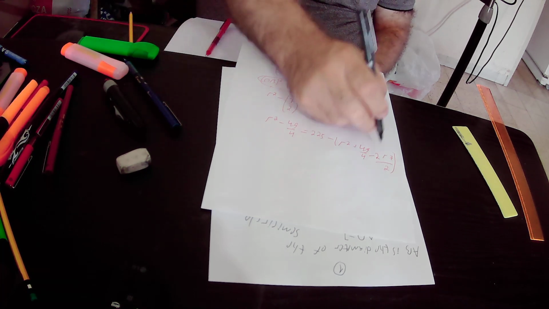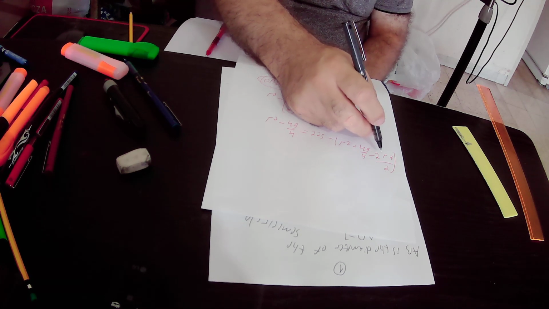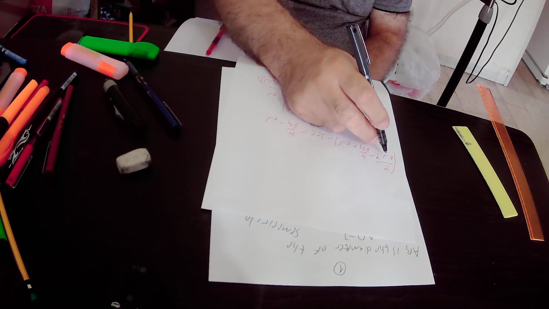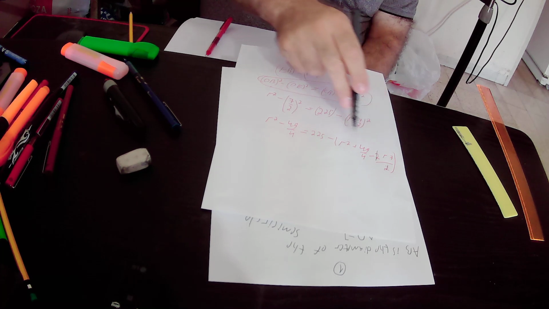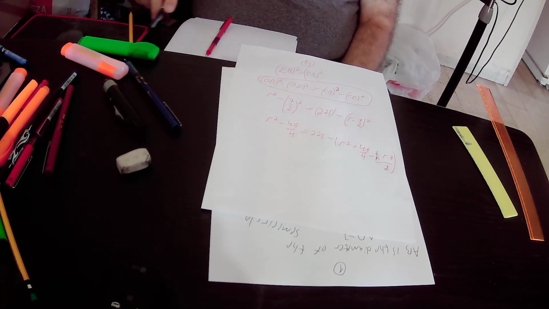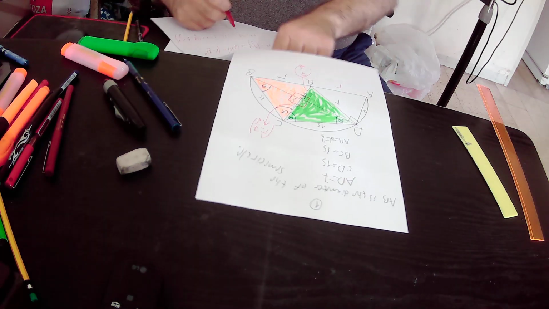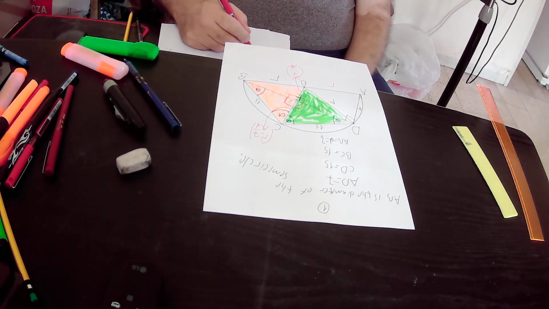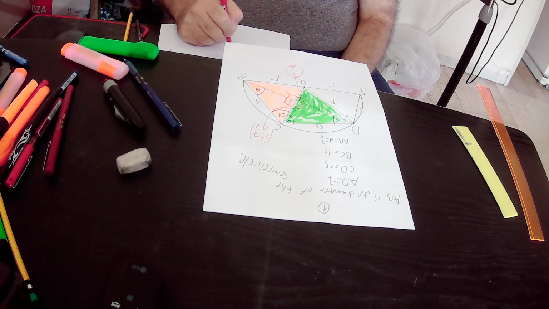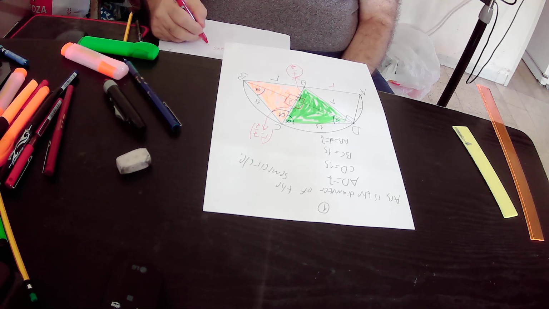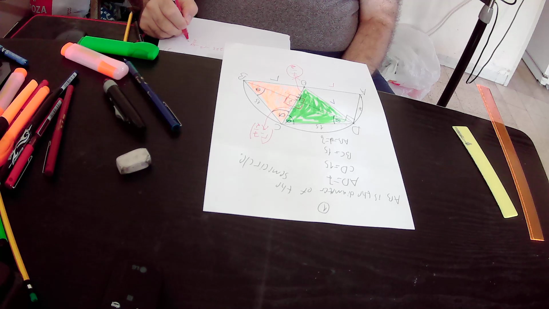Here we have 2 in the numerator of this expression and we have 2 in the denominator of this expression, so we can cancel 2 and then we will open the brackets in this expression, and we will get that r squared minus 49 over 4 equals to 225 minus r squared minus 49 over 4 plus 7r.